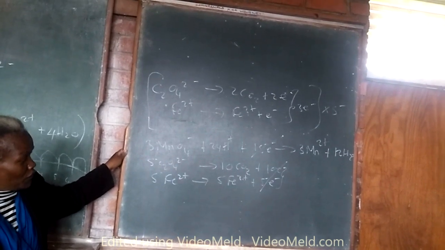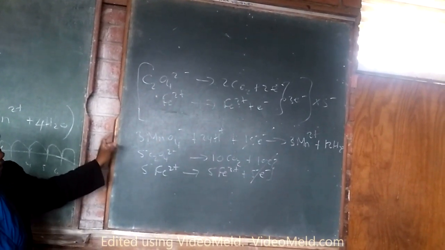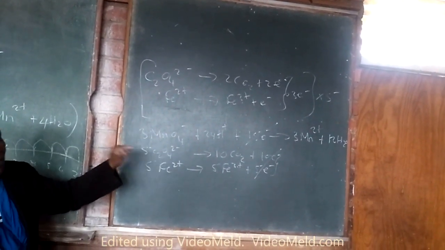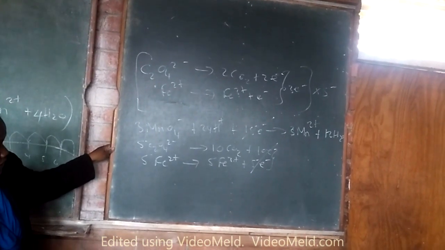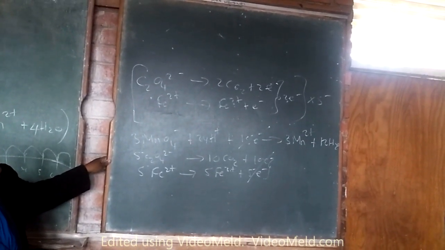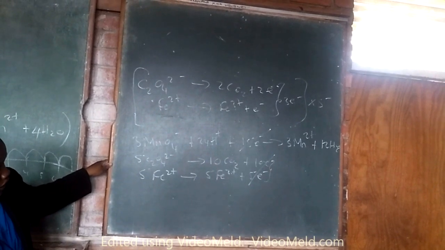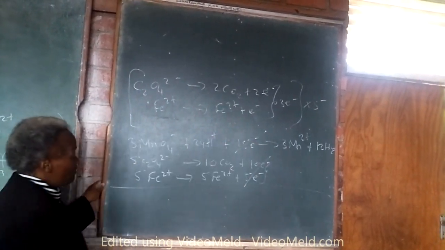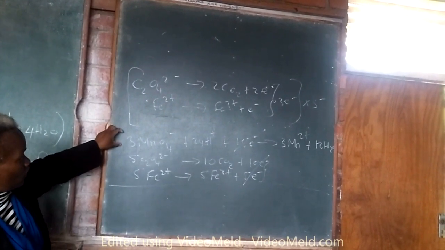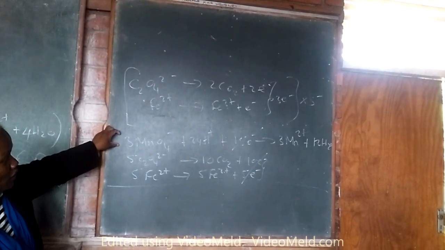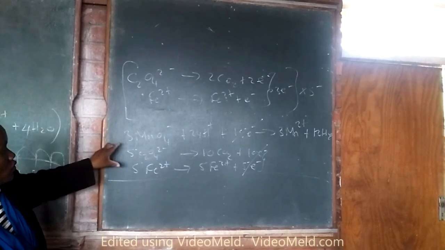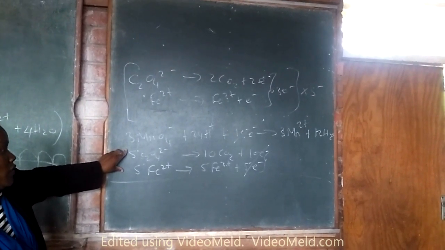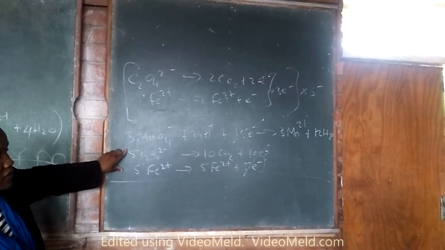And if I have the same species as reactants as well as products, we must deal with them. But in this case, we don't have anything else. So after this, I combine what remains in the reduction equation as reactants and that which remains in the oxidation process as reactants.